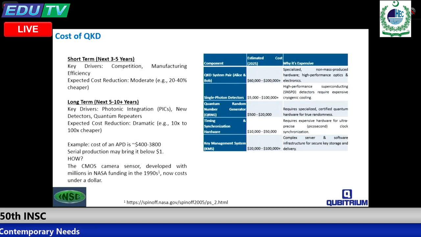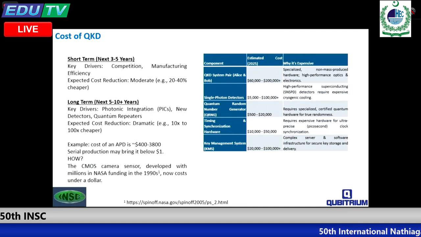And I just put this example; you can also find this. These CMOS camera sensors, I'm talking about the megapixel cameras, were developed at NASA with millions of dollars of project cost, just to develop a megapixel camera. And I'm sure anyone in this room has some form of these camera chips, which are costing less than $1 right now.